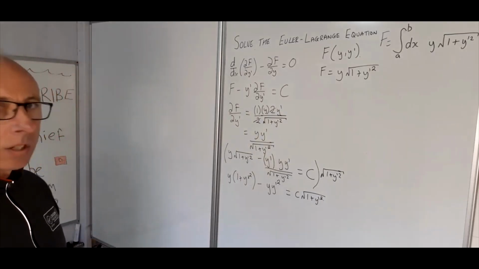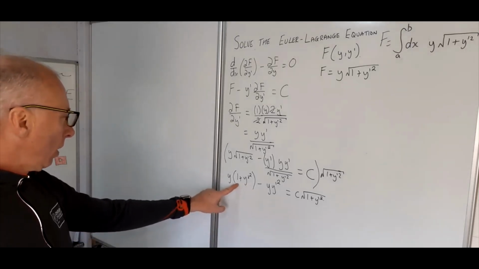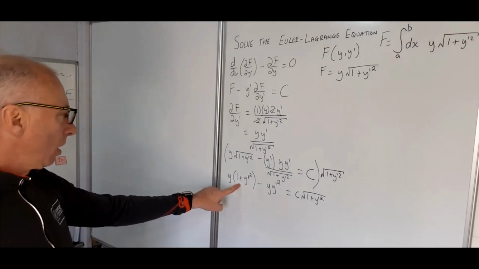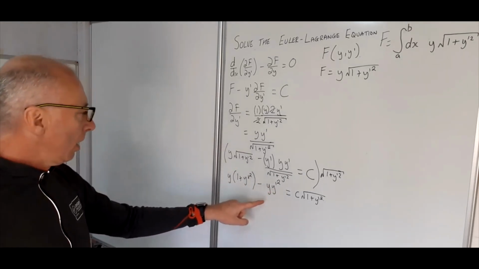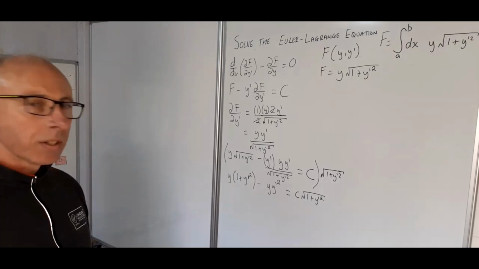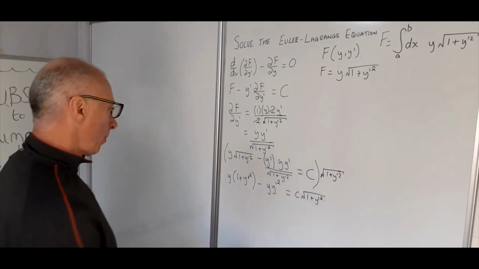Okay, that's a good start. Now let's see if we can multiply this out. We've got a y prime squared here and a y prime squared here, so maybe there's some sort of cancellation we can do. Let's multiply this bracket out and see what we end up with.